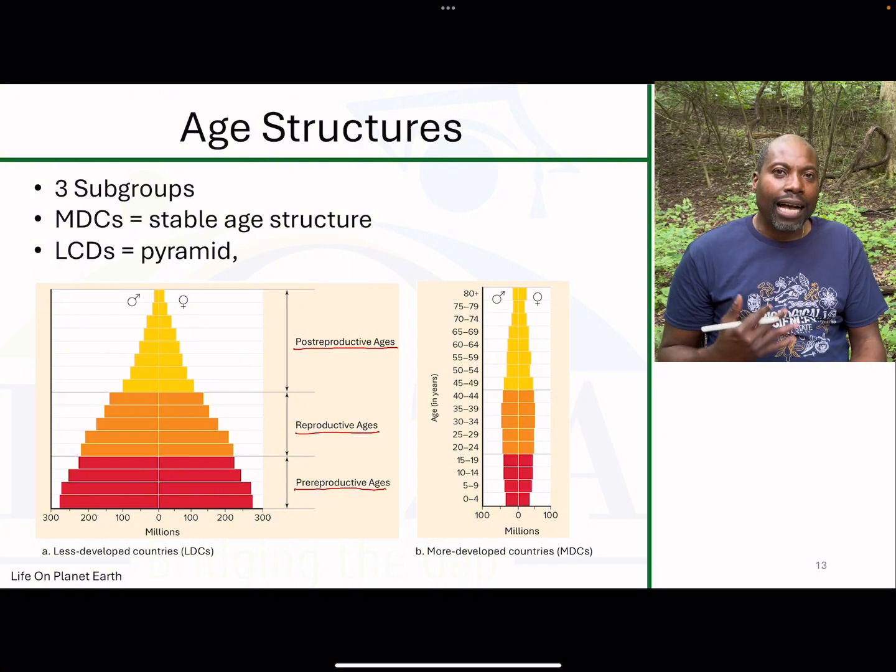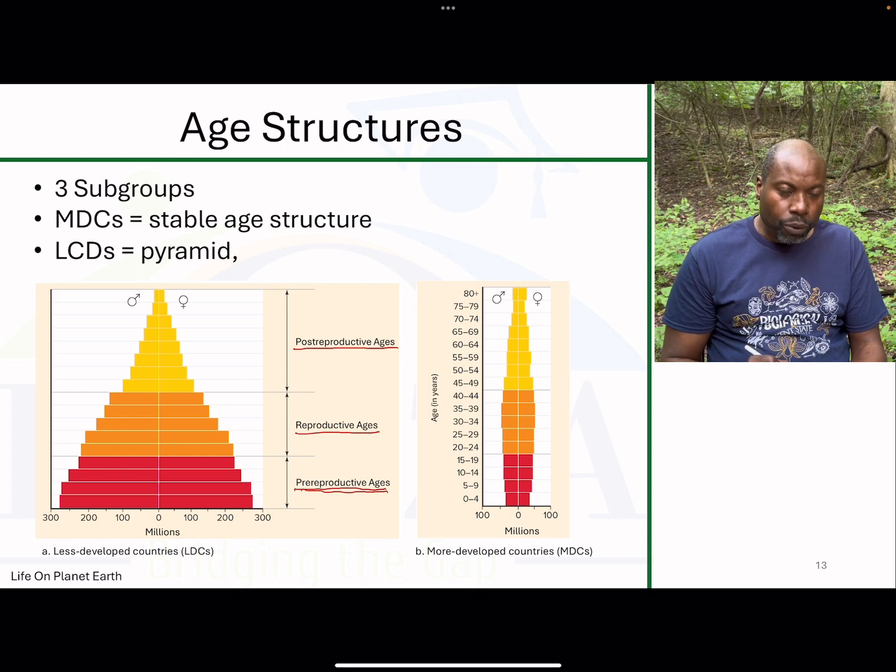And then we are going to ask the following question: how many people do we have in the pre-reproductive age? How many people do we have in a reproductive age and in a post-reproductive age?